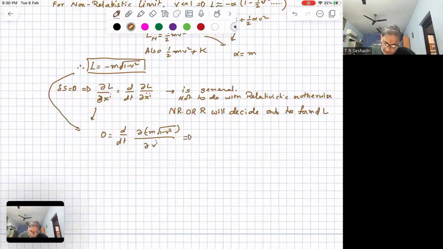And so this implies that d by dt of, okay, so this will be 1 by 1 minus v square to the power 3 by 2 with a minus half and a minus v and a minus m equal to 0. Is that okay?